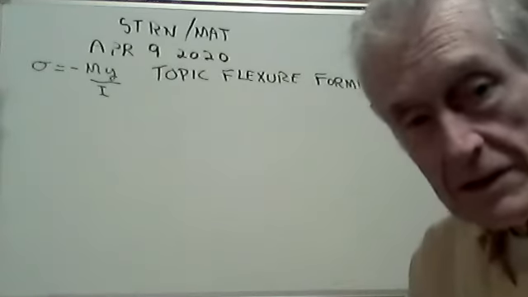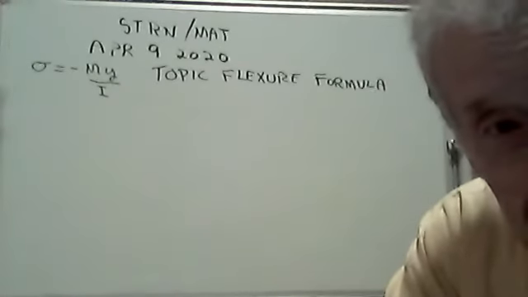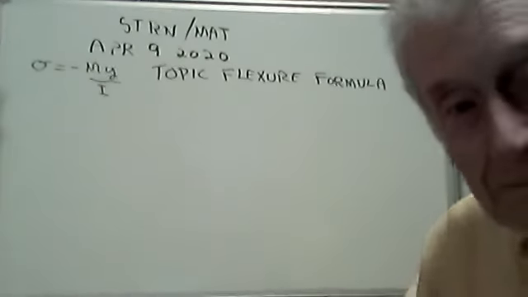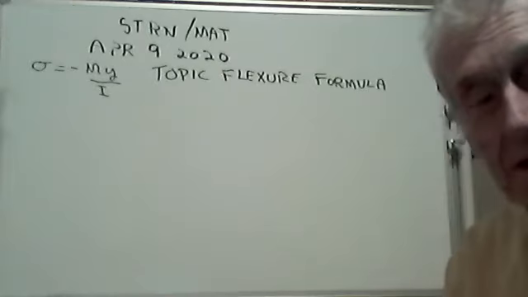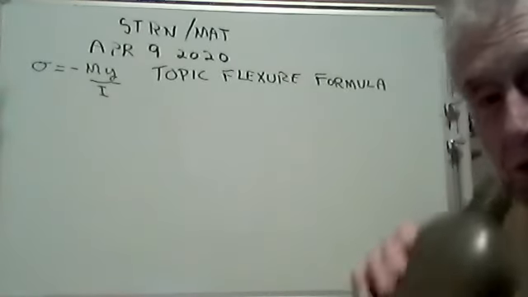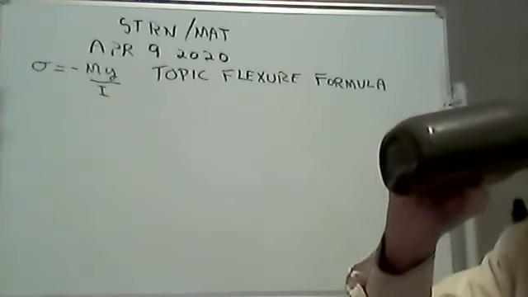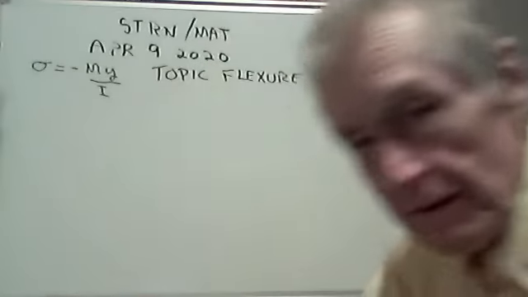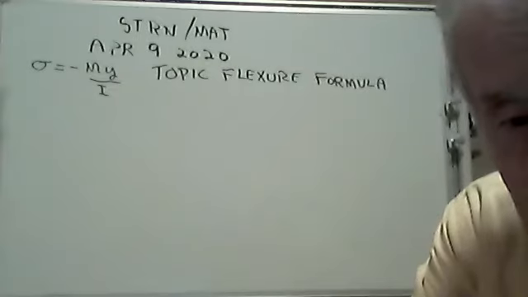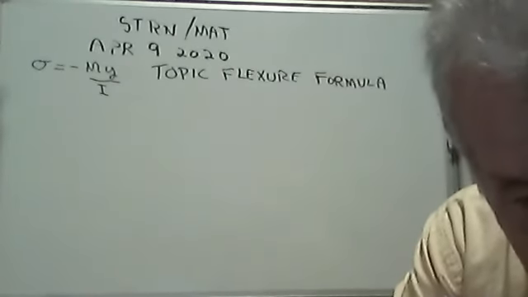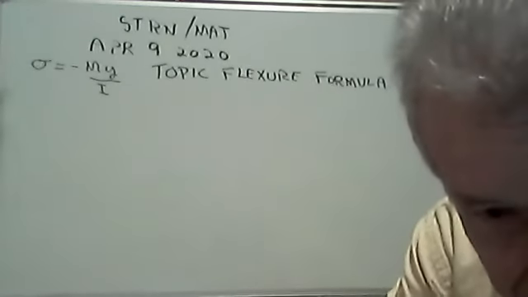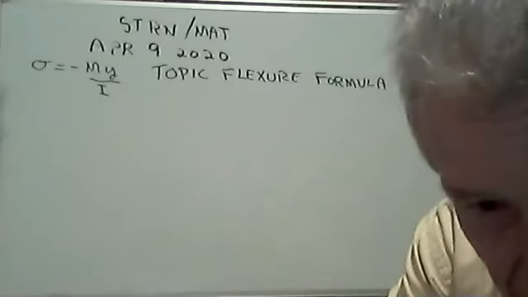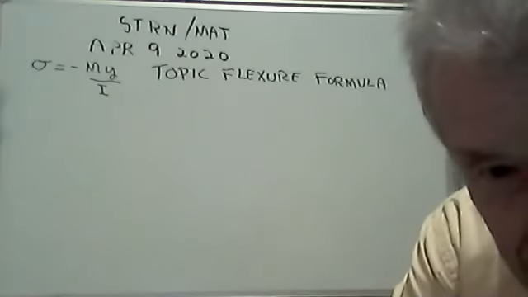Well, let me pin myself. There I am. I need to know if you guys can hear me. Down here it says chat. Maybe I'll click on chat and see what happens.